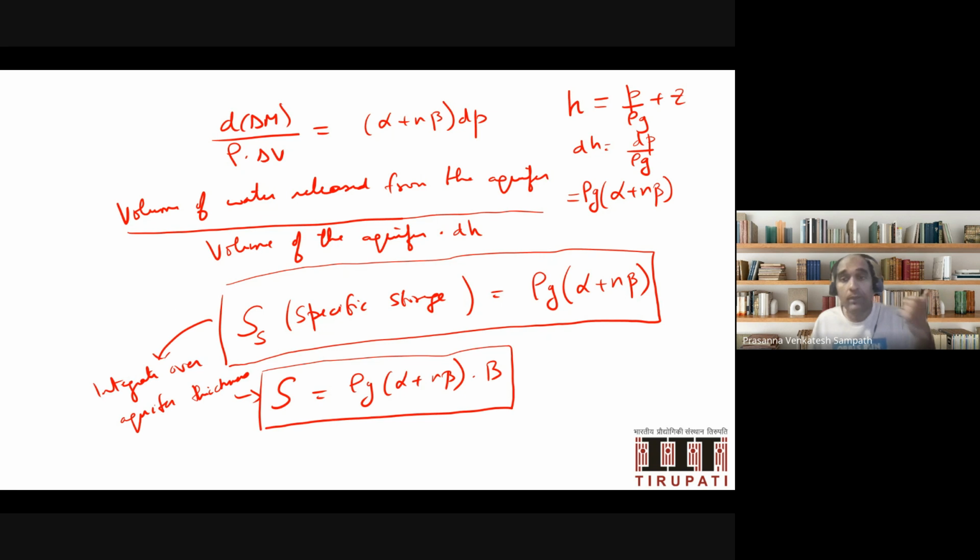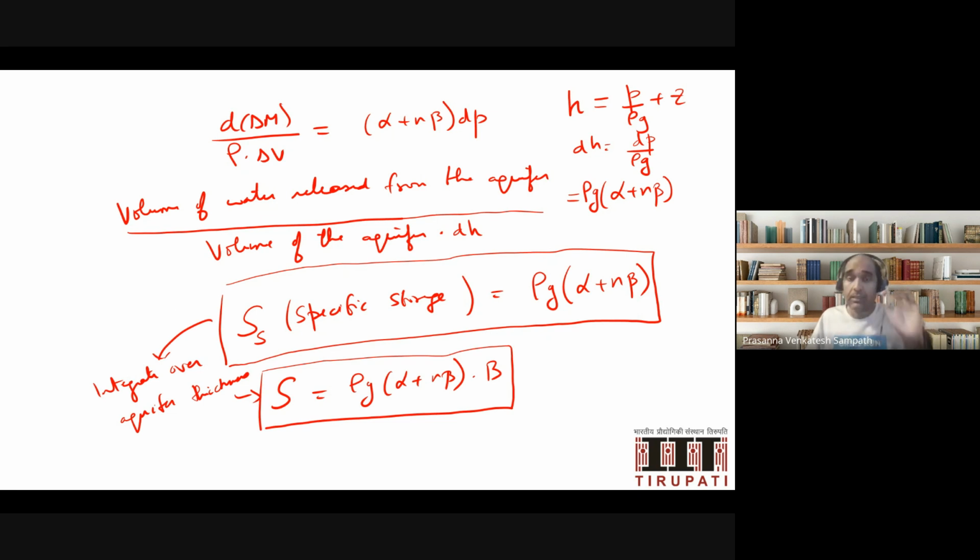There, the process by which the water is released is draining out by gravity. And here, in the case of the confined aquifer, it is due to the compressibility of the water and the compressibility of the aquifer. So naturally, the water is not highly compressible, the aquifer is not highly compressible. Therefore, the amount of water that gets released is very, very small.